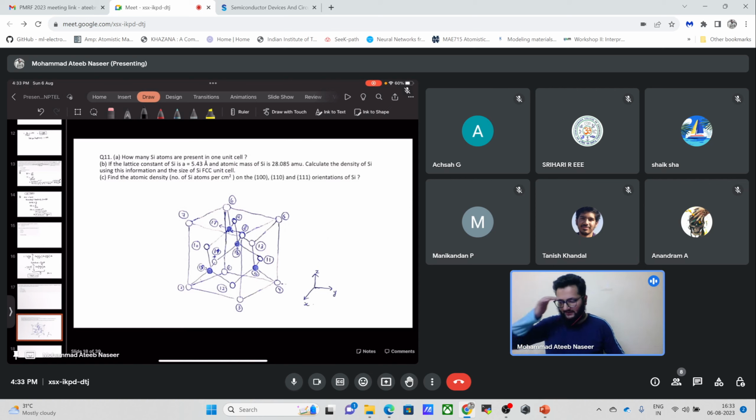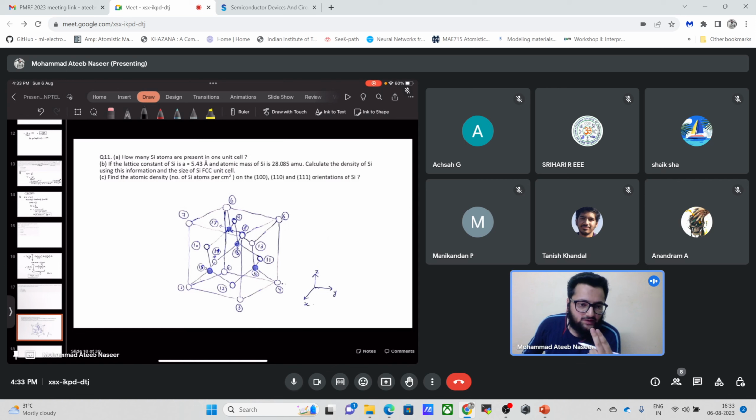So for an FCC we will have 4 atoms per unit cell. But what is silicon? Silicon is something you should remember, one always sees it in semiconductor device courses.